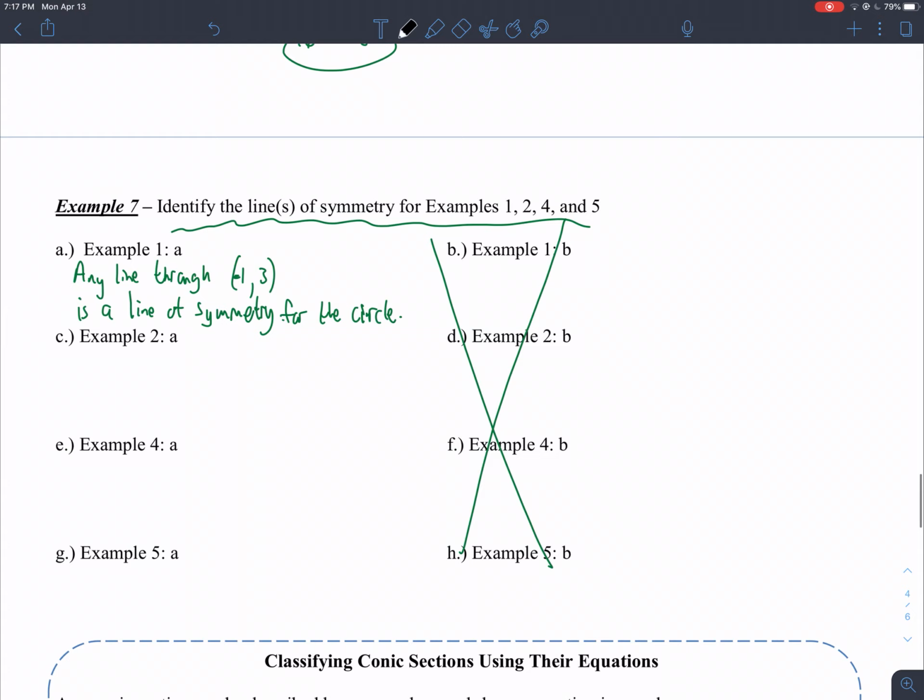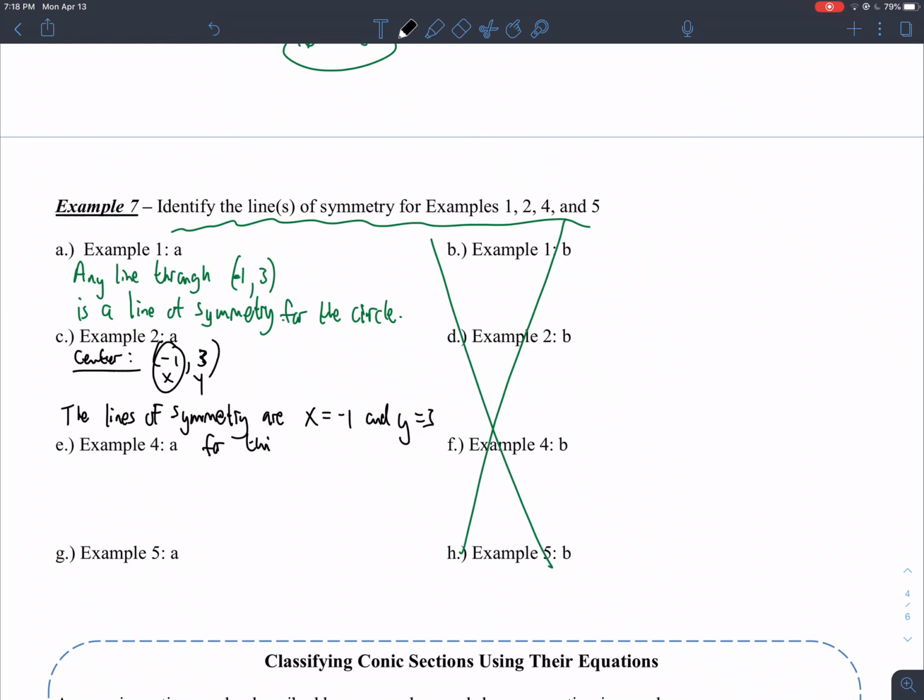Okay, so for this one, I said the center was negative 1, 3. This is the x-coordinate, y-coordinate, and since that conic section is a hyperbola, you know that the lines of symmetry are x equals negative 1 and y equals 3 for this hyperbola.